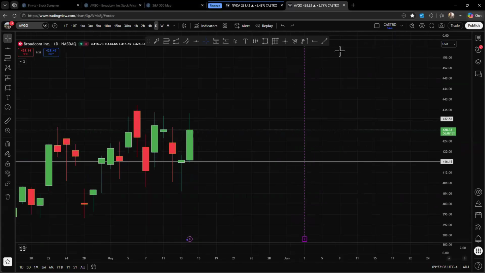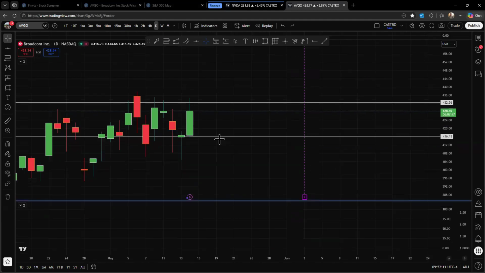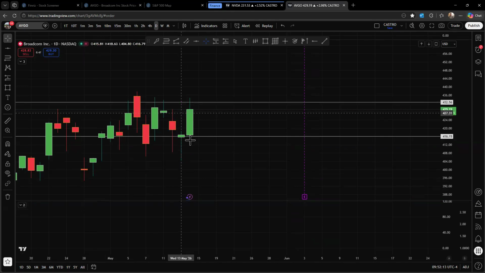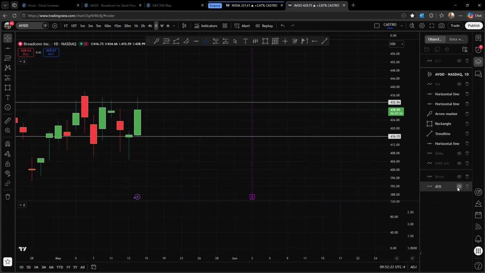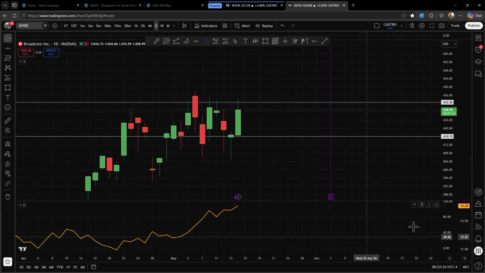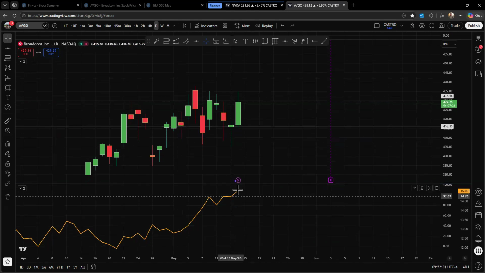So step by step on this one. The first thing that I was interested in once I saw that Broadcom was gapping up was to see what the ATR is, the average true range. So on an average day, how high as far as price does the stock move?